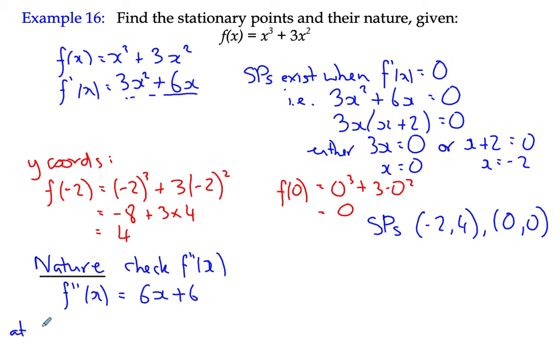So we can say at x equals negative 2, if we put negative 2 into our second derivative, we're going to get 6 times negative 2 plus 6, which is negative 12 plus 6, which is negative 6. And negative 6 is obviously a negative value.